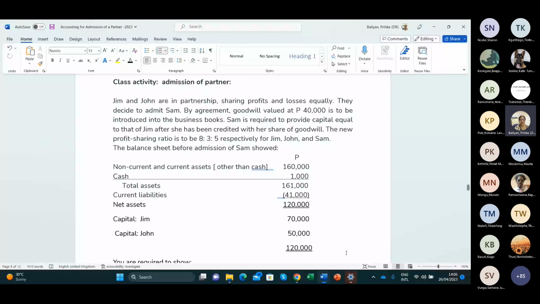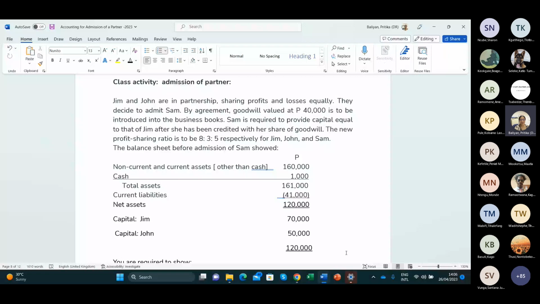Sometimes a new partner comes without any goodwill. He only brings the capital to the business because he is also highly skilled. He does not need to provide goodwill.